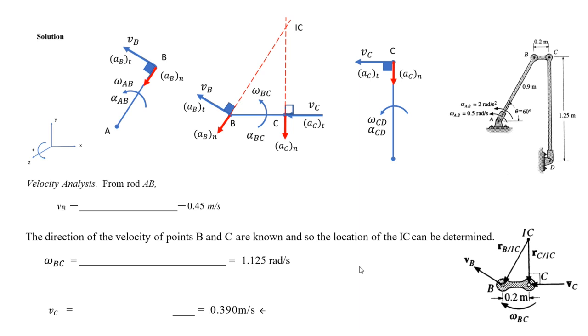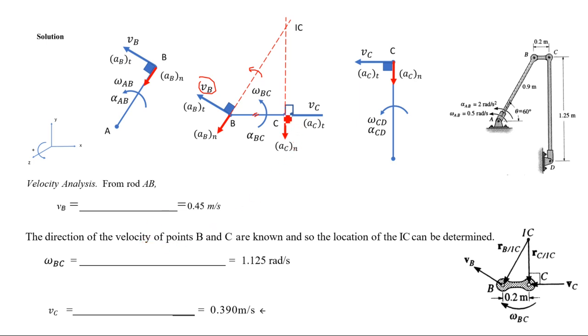Now, by using this triangle, we can find the omega of the BC. If I know the omega of that link, how can I find the omega of the link BIC? Simply, we say that this velocity is perpendicular to it. If I know its length, I can find the omega, which is going to be the same omega.